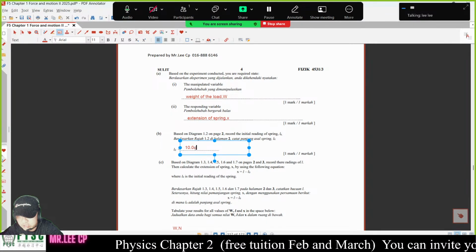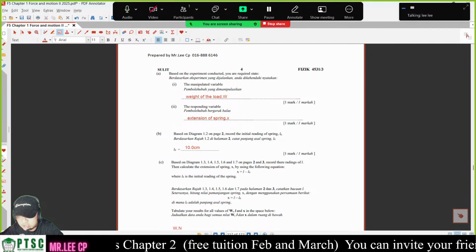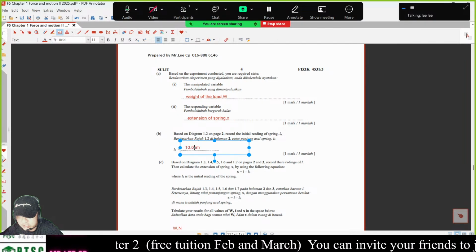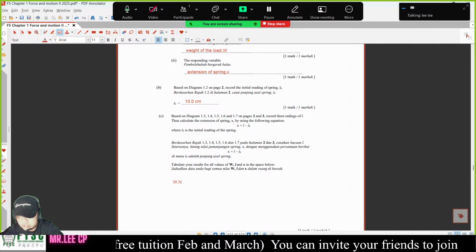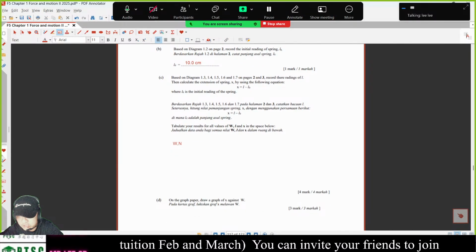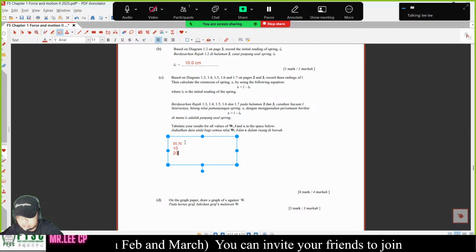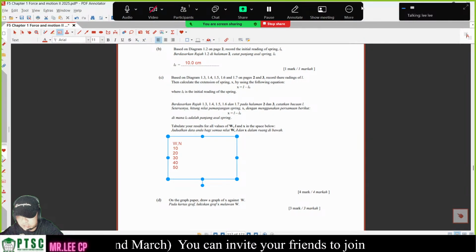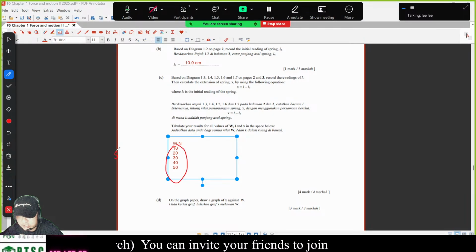Oh, you mean the cm? Yeah, most of the time they give cm as the unit here, but if they don't give it, you have to write it in. I'm sorry, I didn't put in the cm. I know what you mean already, thank you. So this is 10, 20, 30, 40, 50. In SPM, there must be 5 sets of readings.